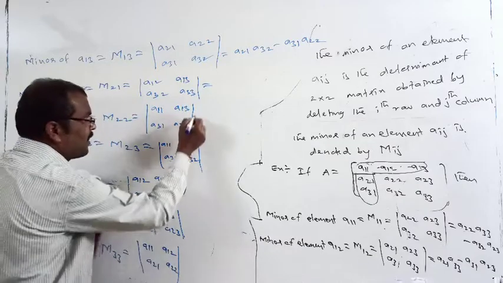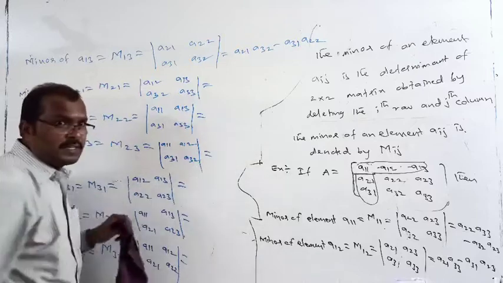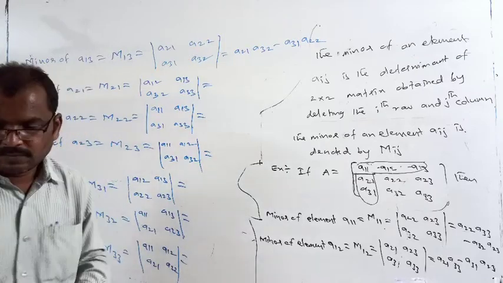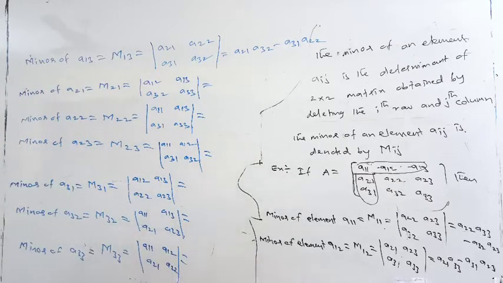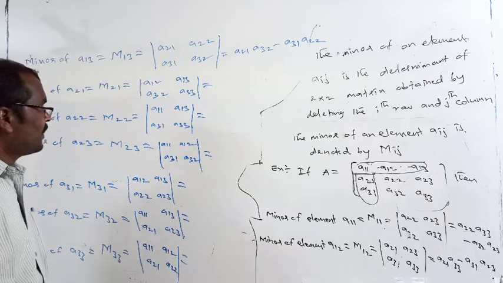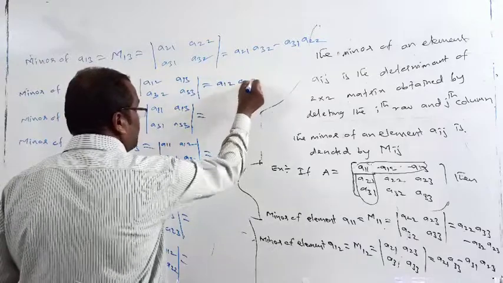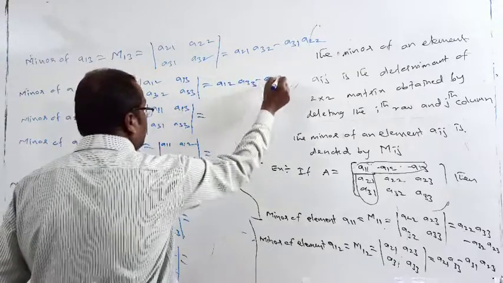Now you can expand a little bit for each and everything. Okay? A11 A33 minus A31 A13.